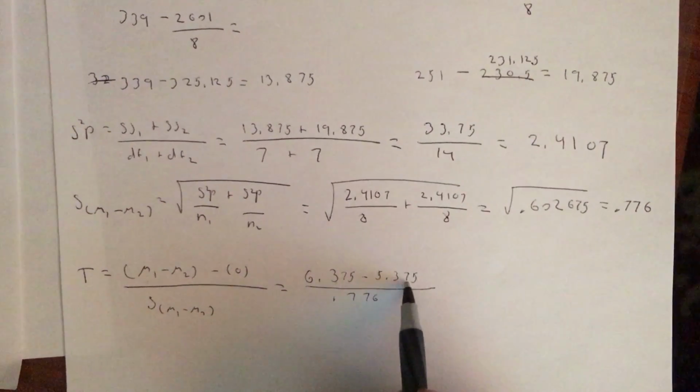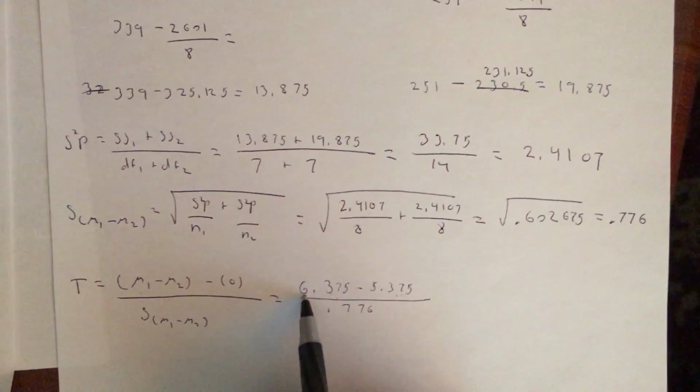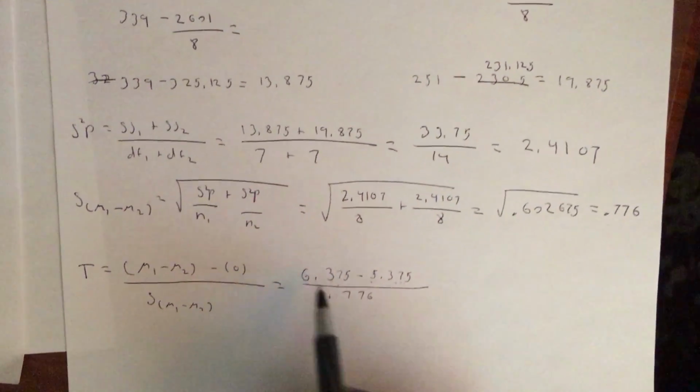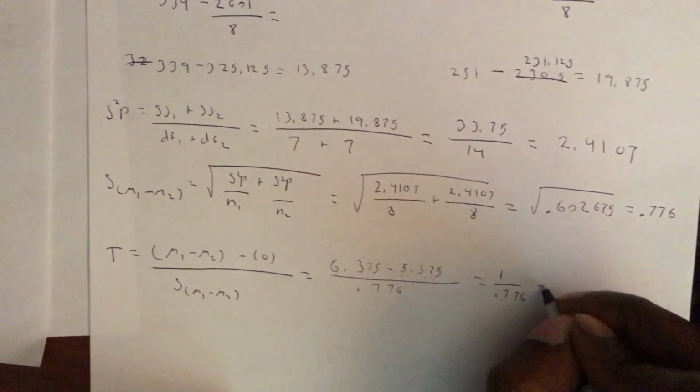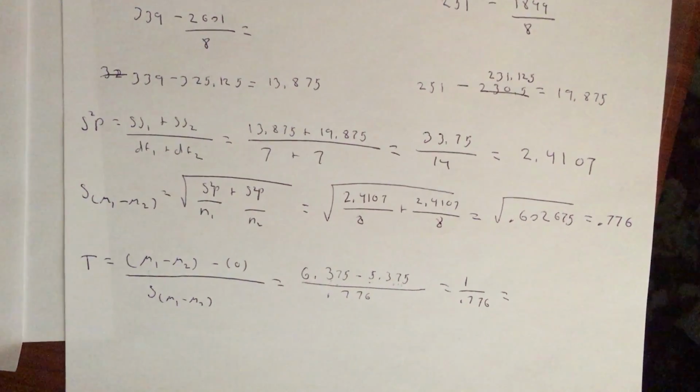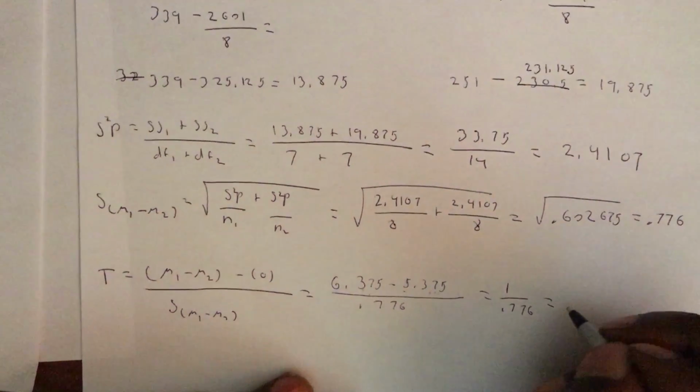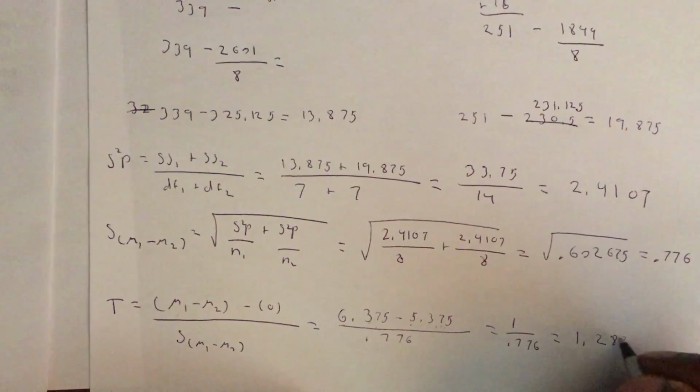Since this is just a difference of 1, we know that the top value is automatically 1 over 0.776, which gives us 1.288 for our t-value. So the t-value is 1.288.